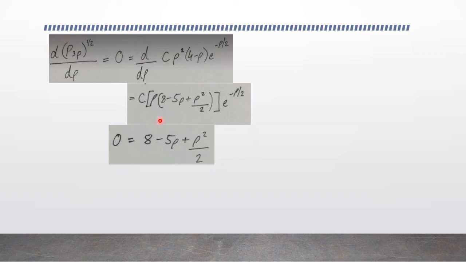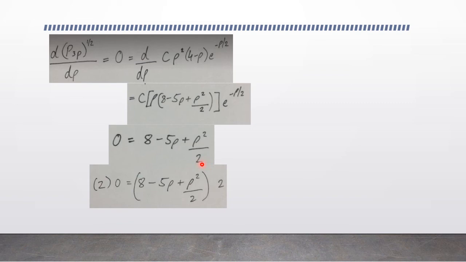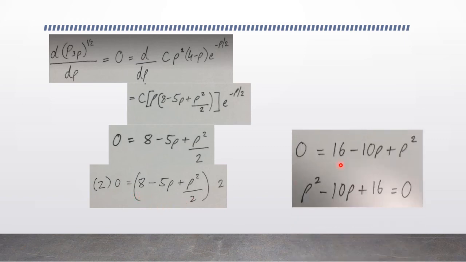This equation looks very familiar, and it is almost in the form of the quadratic formula, which is ax squared plus bx plus c equals 0. However, there's still a 2 here, so we multiply both sides by 2, since 2 times 0 is just 0, and the 2 here will cancel out. 8 times 2 is 16, minus 10 rho, since 5 times 2 is 10, plus rho squared.